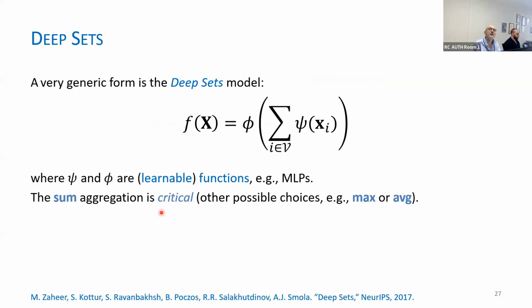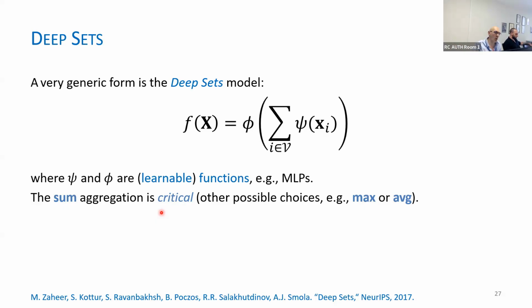With this definition of permutation invariance, the most general form that we can use for a method that tries to learn from this set of points is something like this. This model is called deep sets, and it was introduced in 2017.